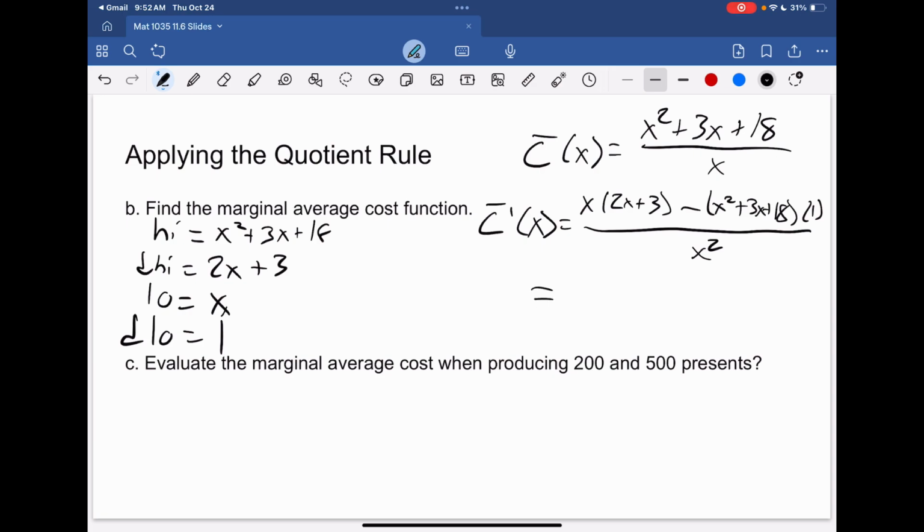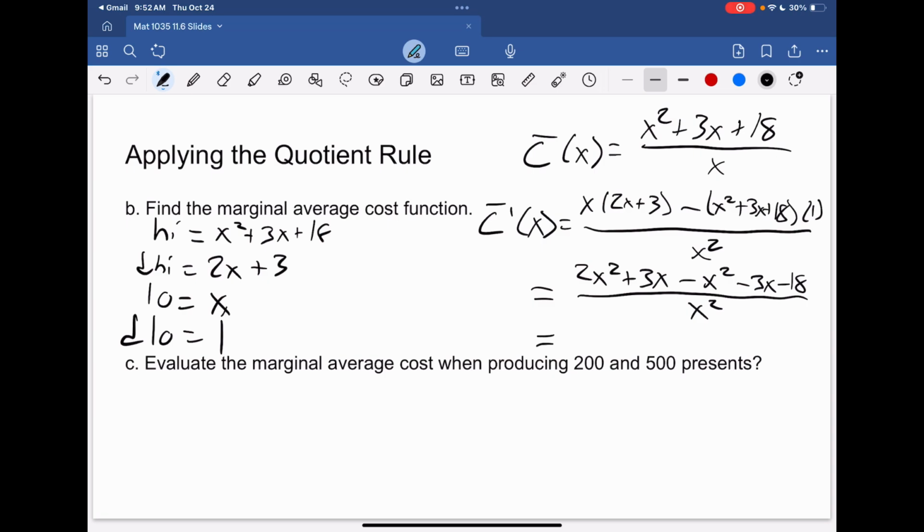Distribute my x, I get 2x squared plus 3x. All the stuff in the x squared plus 3x plus 18 just gets multiplied by 1, but there's a negative out front, so the sign changes. Now I can combine my like terms.